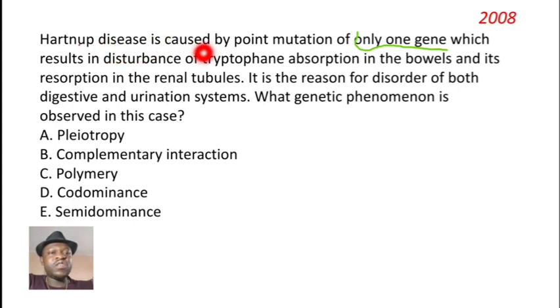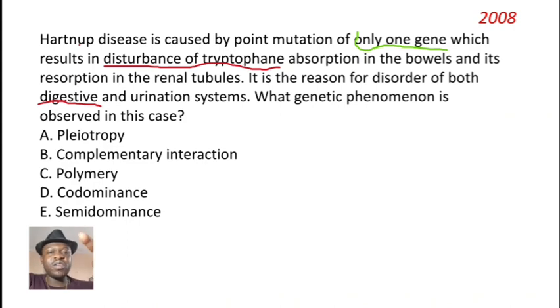Hartnup disease is caused by a point mutation of one gene, which results in disturbance of tryptophan absorption in the bowels and its resorption in the renal tubules. It is the reason for disorder of both the digestive and urinary systems. What genetic phenomenon is observed in this case? Here is the keyword: there is a point mutation, and only one gene is mutated.